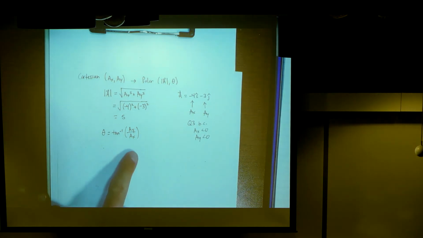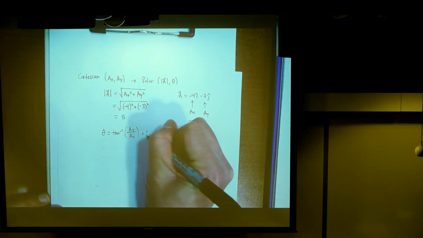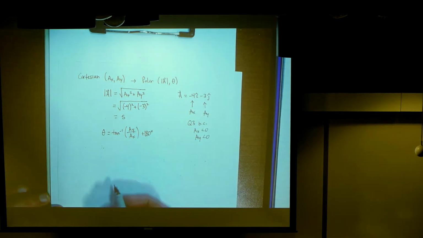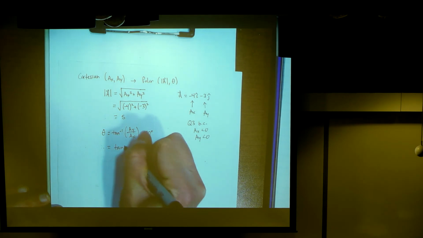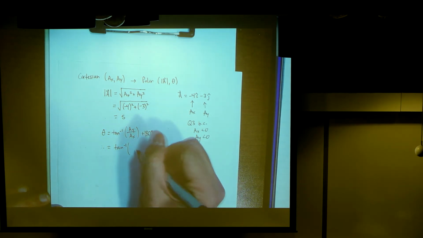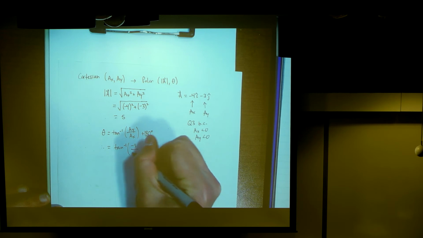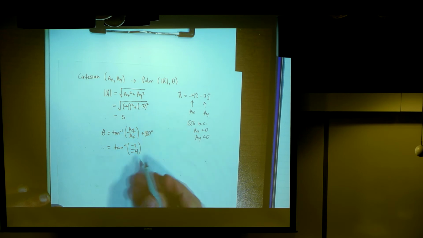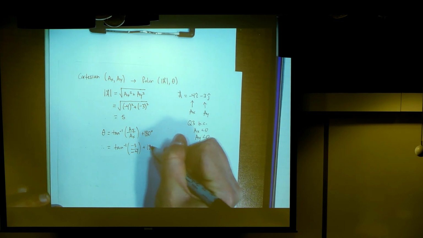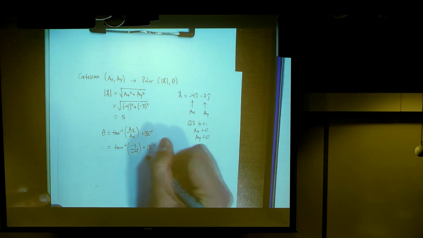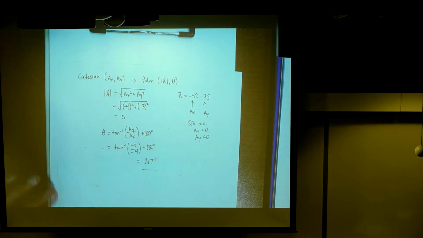And then what's the correction we make to this? Add 180. So we'll take inverse tangent of ay, which is minus 3, divided by ax, which is minus 4. So those signs actually cancel on the inside. And then add 180 to that. So if you work this out, you'll find it comes out to 217, just rounding to the nearest degree, as we were told. Okay?